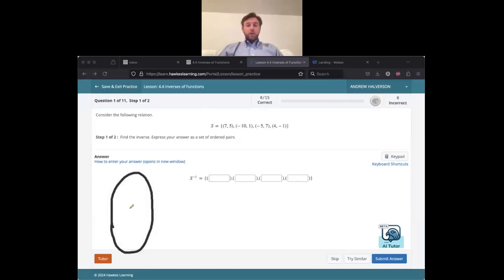So the S function has the domain of 7, -10, -5, and 4. And then there's a range of 5, 1, 7, -1. And it just pairs this way.